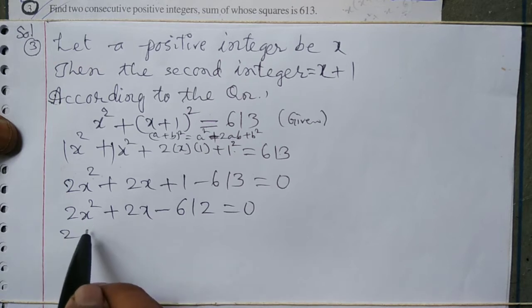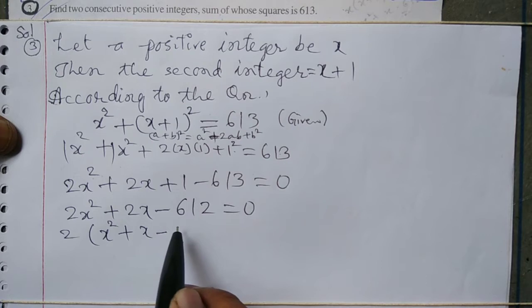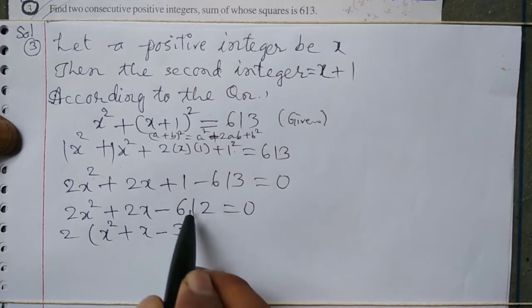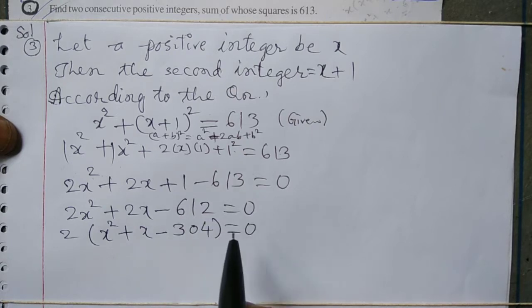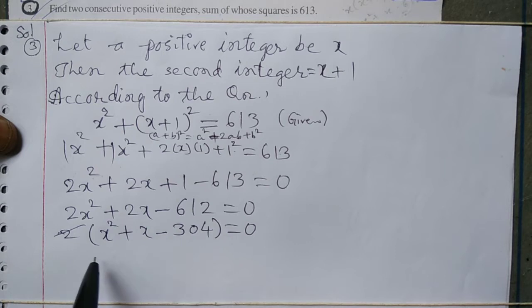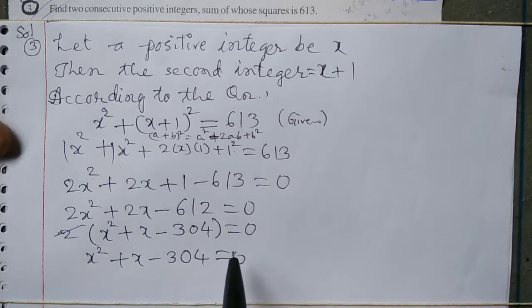Taking 2 as common, x square plus x minus 306 is equal to 0.